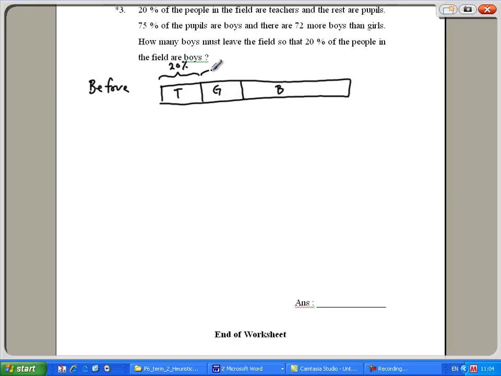And the pupils will be 80%. The girls as well as the boys together form the pupils, that's 80%.